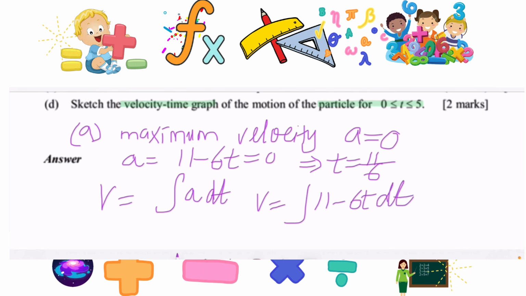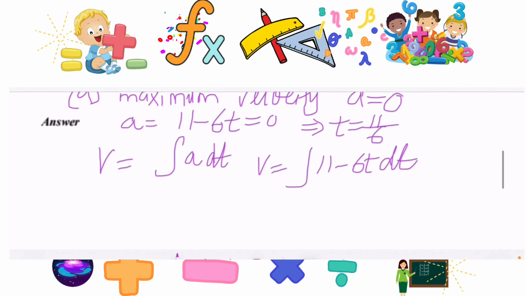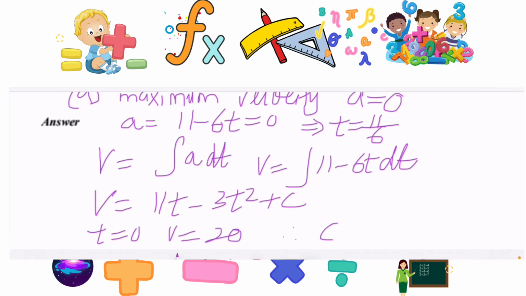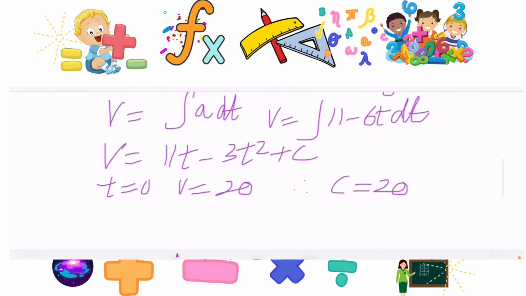So in order to find the velocity, we need to integrate the acceleration. So let's integrate acceleration: 11t minus 6t squared over 2 plus c. Don't forget to plus c. So when t is 0, velocity is 20. So hence the c is equal to 20.